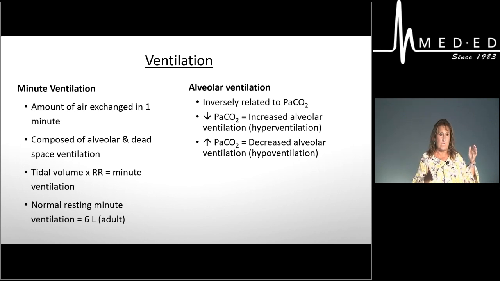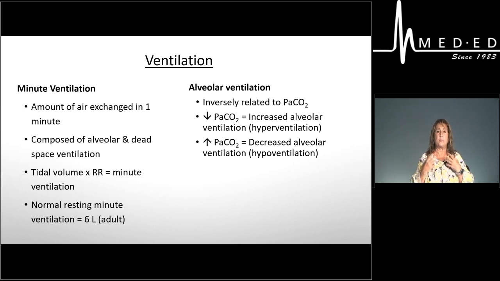And remember when I was talking about end-tidal CO2 or even CO2 levels, we can gauge alveolar ventilation by looking at those CO2 levels. So if you think about it, alveolar ventilation is inversely related to the PaCO2, or the partial pressure of arterial carbon dioxide. So think about it.